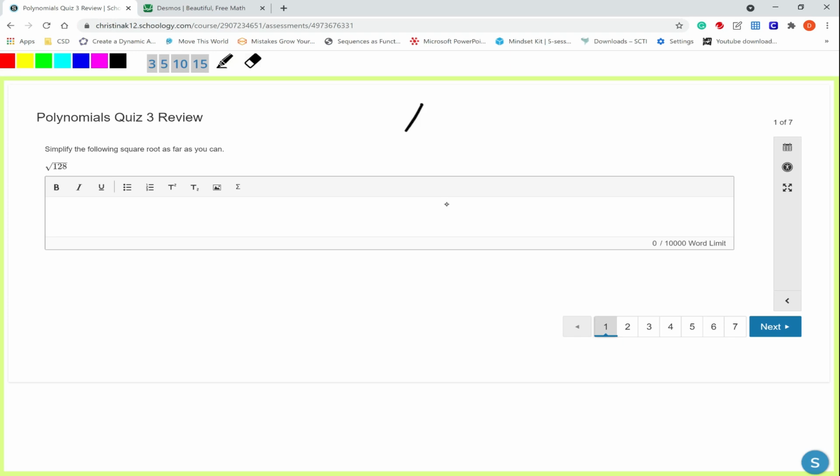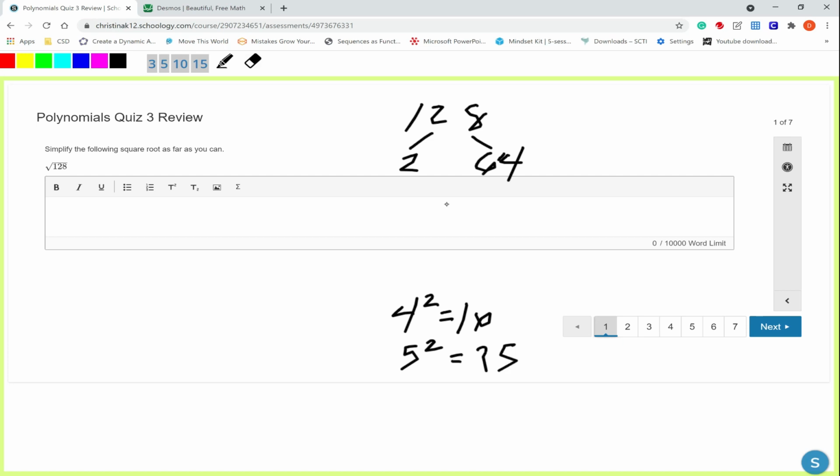So we just break 128 into factors. Recall 128 is 2 times 64, and we're looking for a perfect square. 64 is pretty big, so let's start with 4. 4 squared equals 16. 5 squared equals 5 times 5, which is 25. 6 squared is 36. 7 squared is 49.